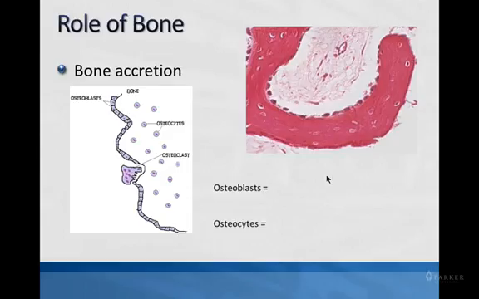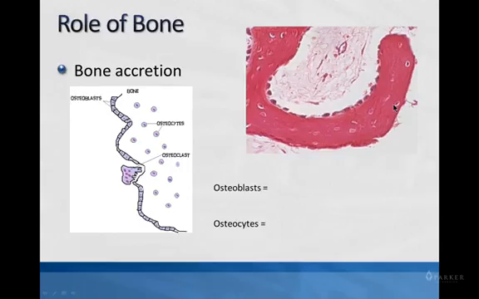As we're steadily adding parts to the bone, that's bone accretion. The two cell types that are important in bone accretion are osteoblasts and osteocytes. If you notice, right along the edge here, these are the osteoblasts. Here, these are the osteocytes.